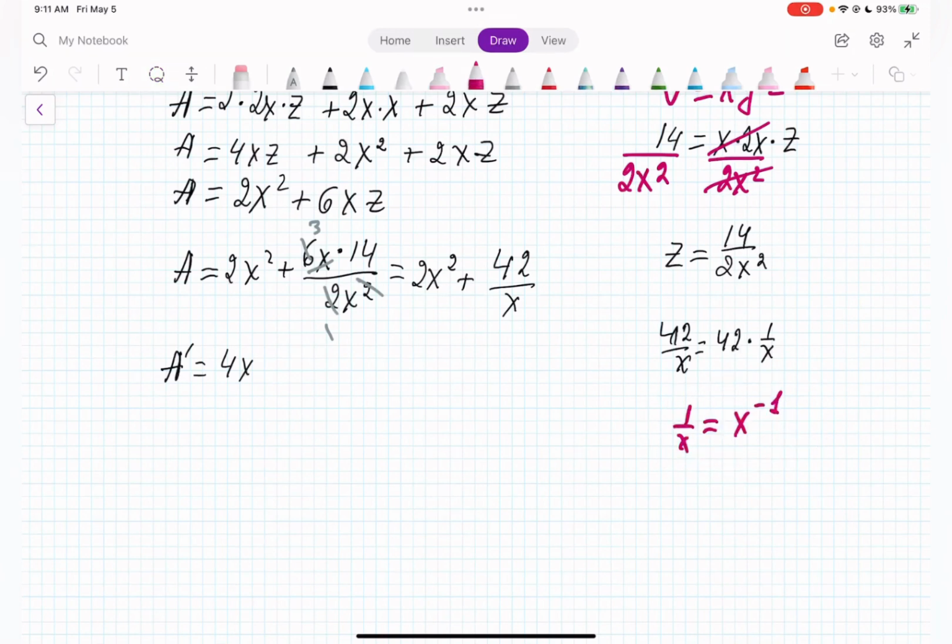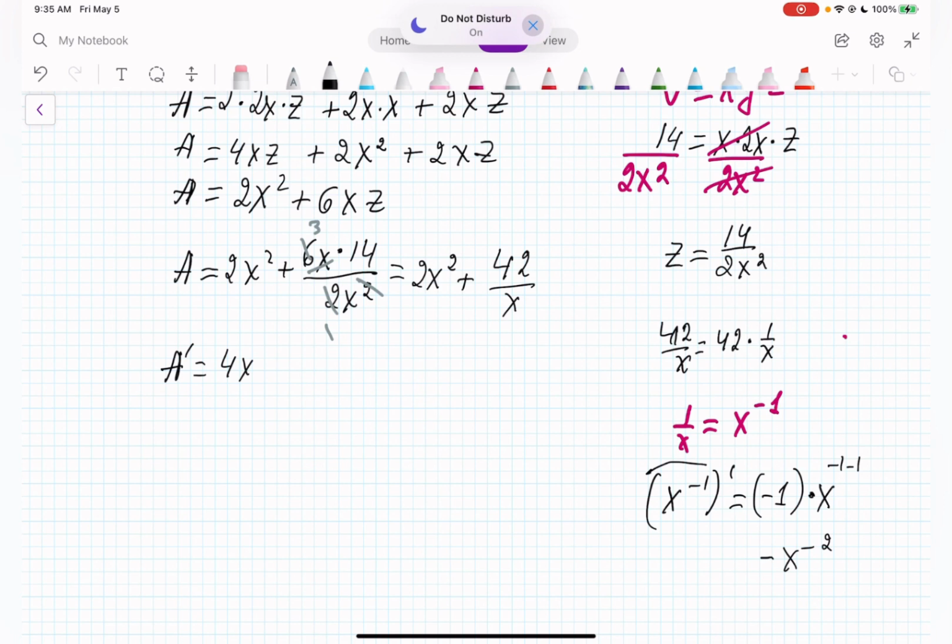Okay? So the derivative of x to the negative 1 is going to be negative 1 times x to the power negative 1 minus 1, and we are getting negative x to the negative 2. Correct? Okay.